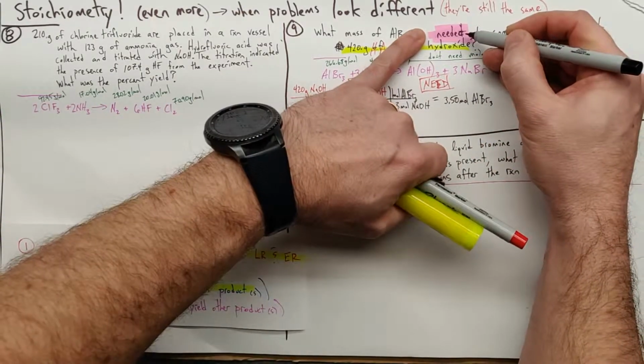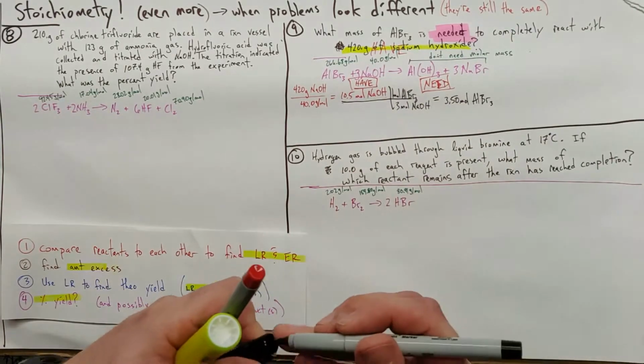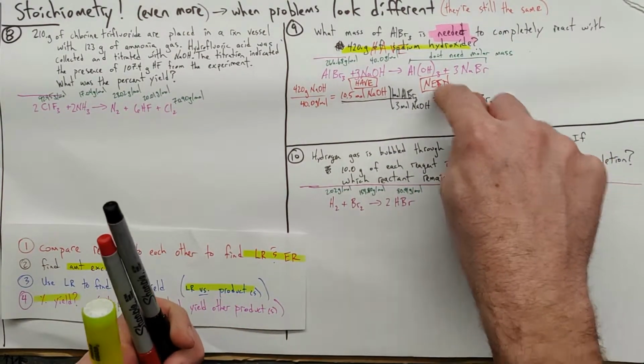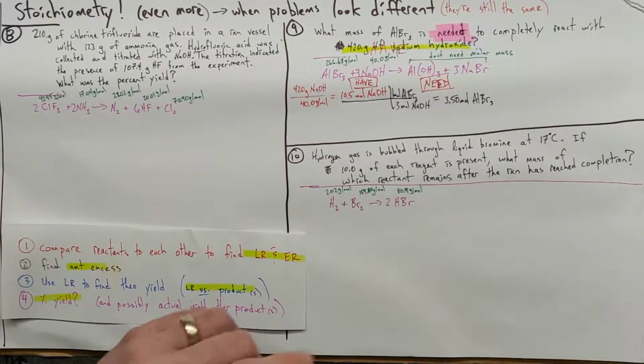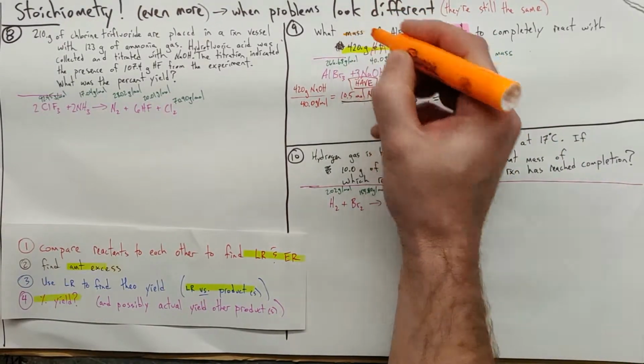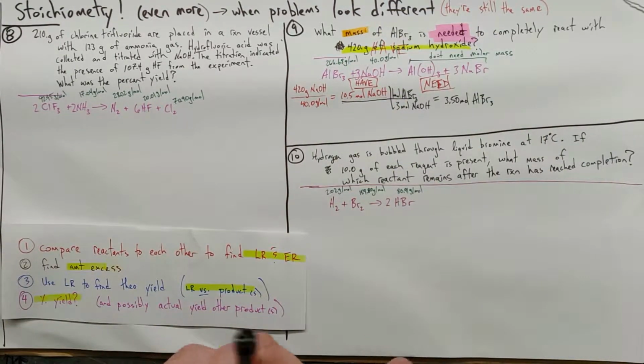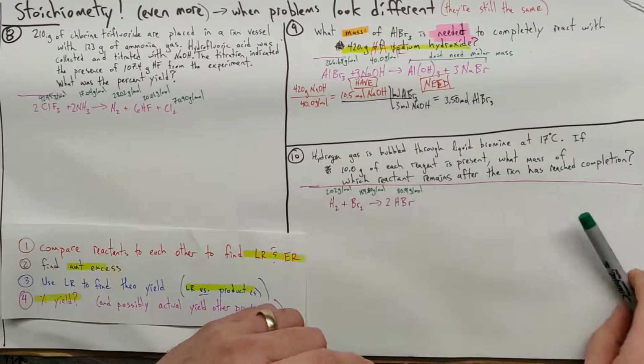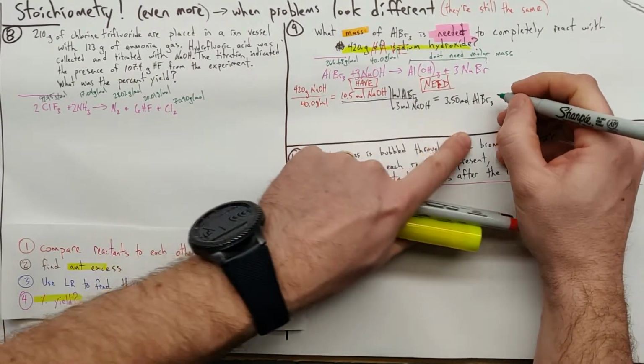We want to know how much we needed. But we didn't want moles, we want a mass. So let's add that half a step here. We want a mass, and we'll multiply by molar mass to get that. I gave you the molar mass as 266.68.